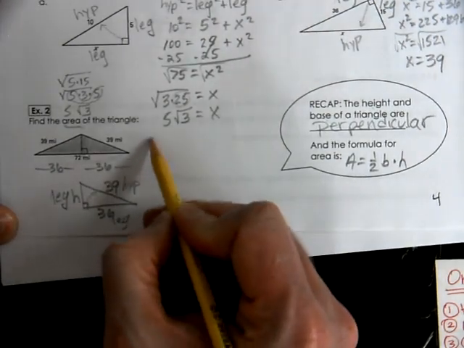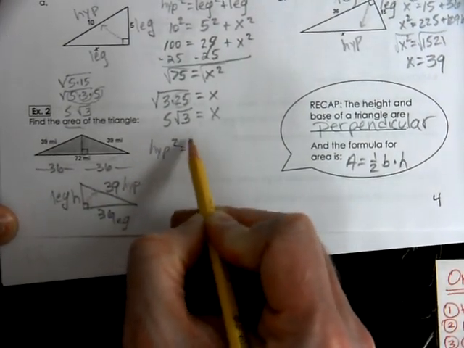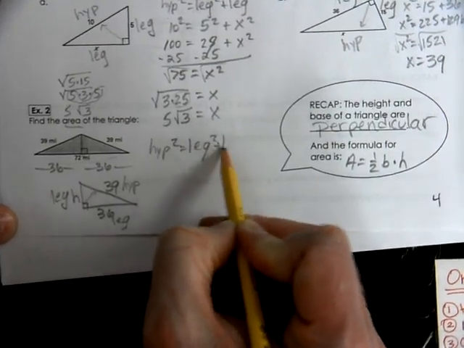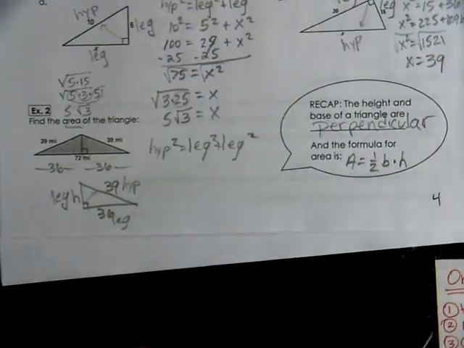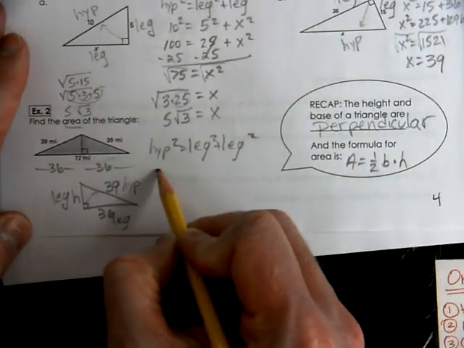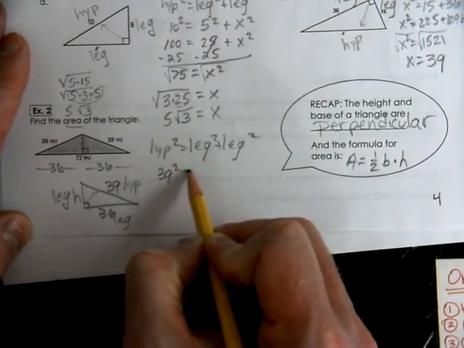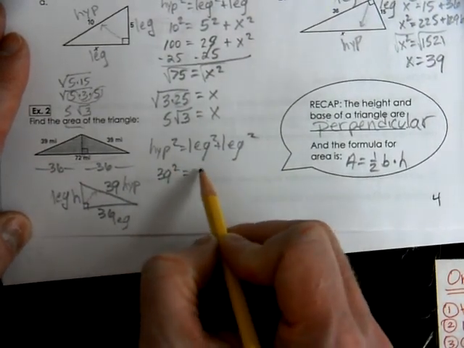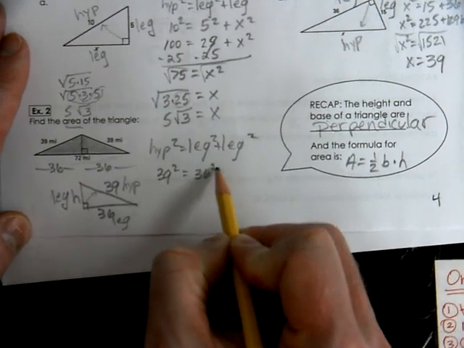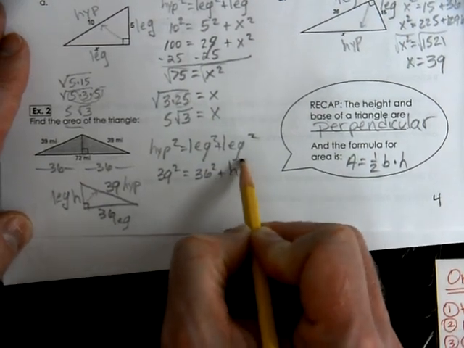So we'll use our formula, hypotenuse squared equals leg squared plus leg squared, because that's the Pythagorean theorem. We're looking for one side of a right triangle. The hypotenuse, we've decided, was 39. The leg is 36, and our unknown is h.